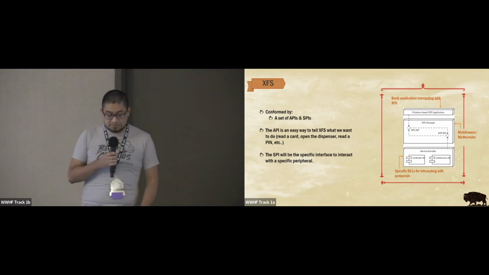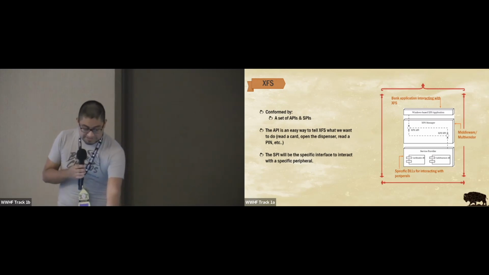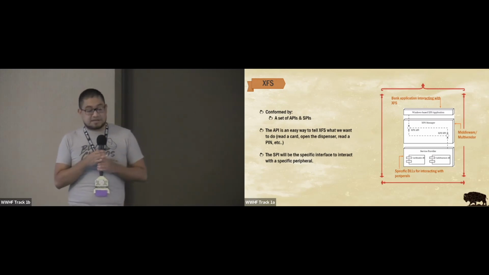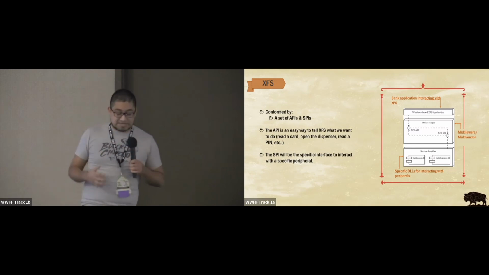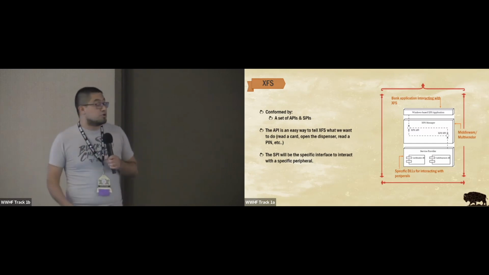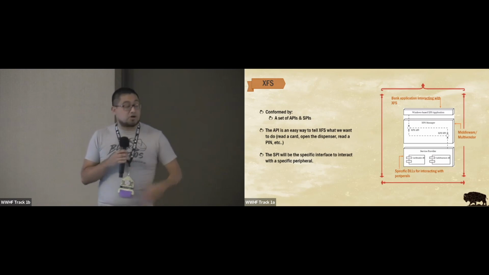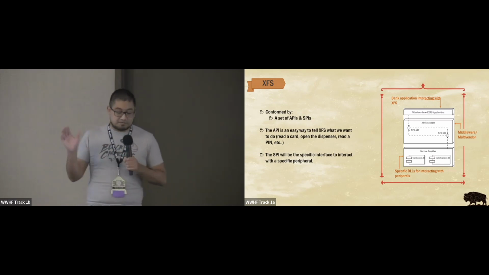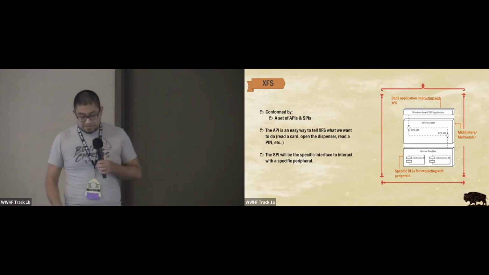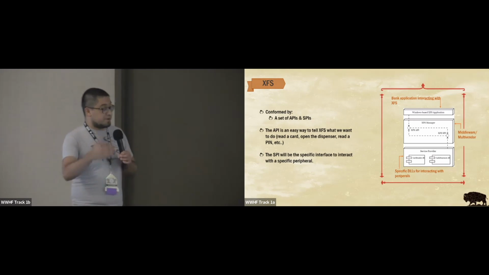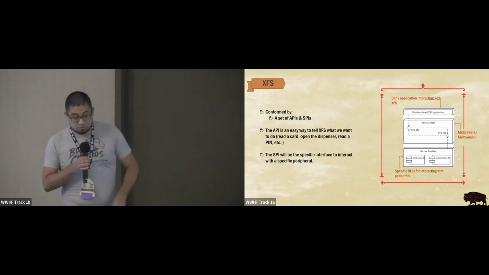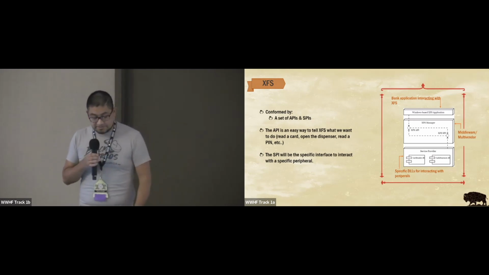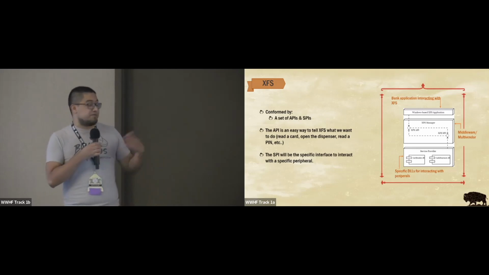To put it easily, an API is an easy way to tell XFS what we want to do. We want to read a card, we want to open the dispenser, we want to read a PIN. It's like normal commands. And an SPI, the service provider interface, is the specific interface that interacts with a specific peripheral.